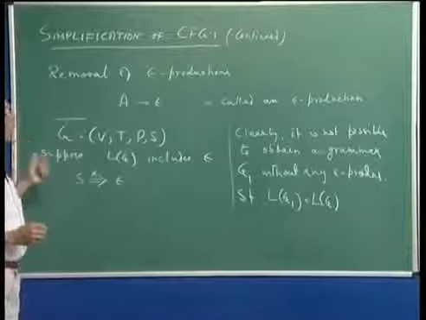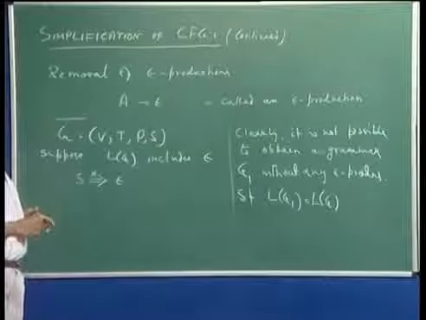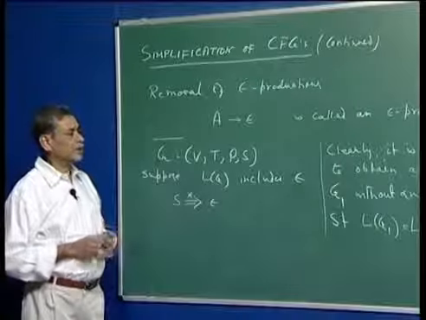So, clearly we cannot remove epsilon productions from all grammars and obtain an equivalent grammar.